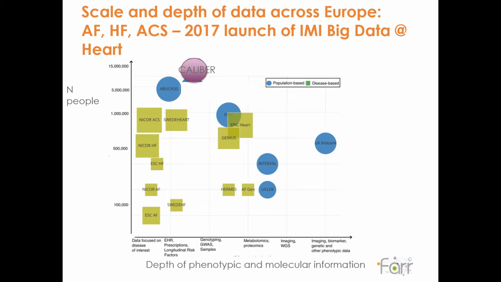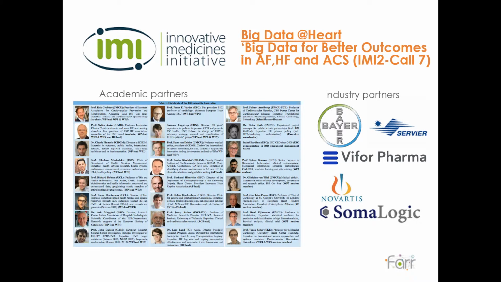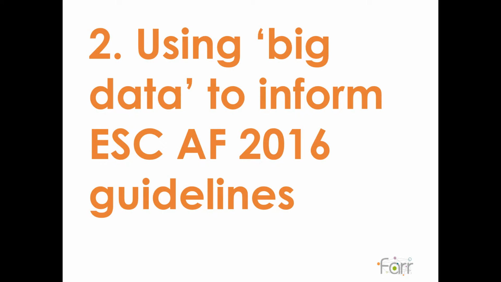The circles are population-based resources. That's crucial for atrial fibrillation. The squares are disease-based resources. So I'm interested that I didn't see any representatives from these companies at this meeting. Maybe there are and I missed it. But it's important, the partnership with a range of pharma and biotech industries.